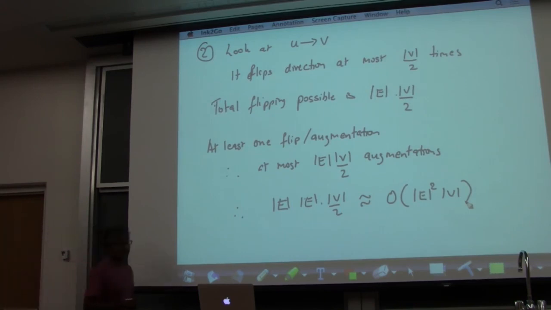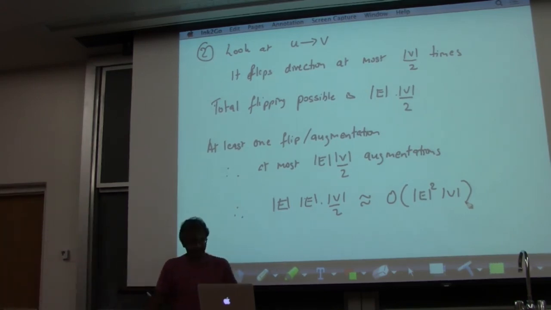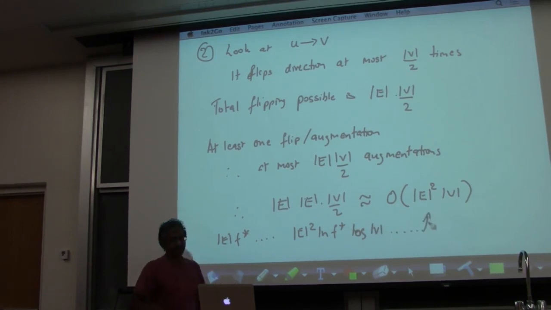And again, if we now line up all the algorithms once again, the original FF was E times F. The next one was E squared log F star log V. And then we get this, which is this.